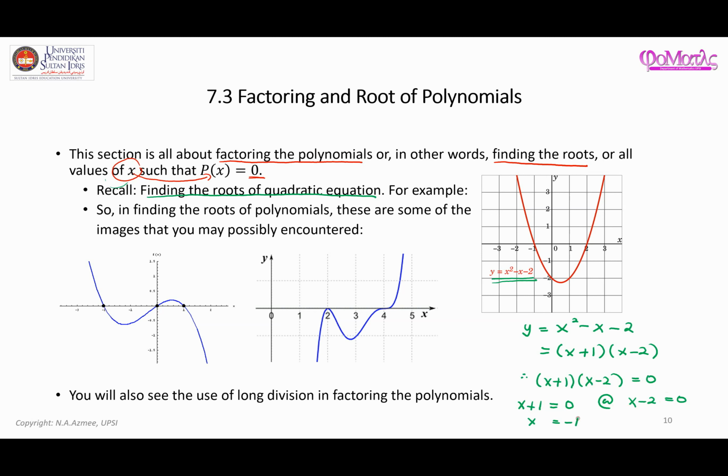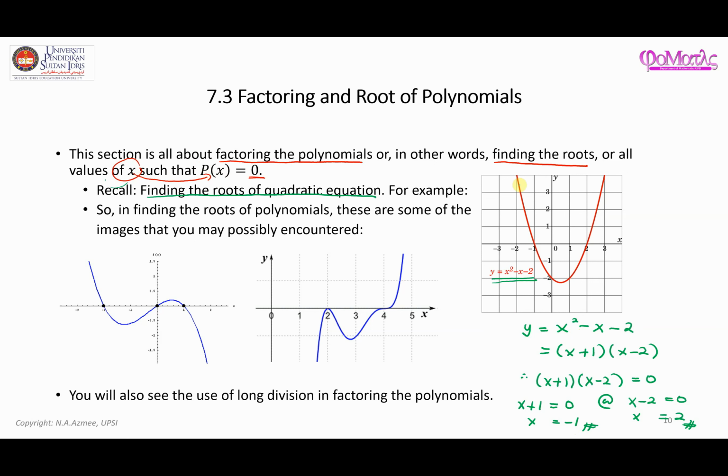X is equal to negative 1 and x is equal to 2. So these are the 2 points where if you substitute these points into y, into this function, y will become 0. So again, y is the polynomial function, so y is actually px here.